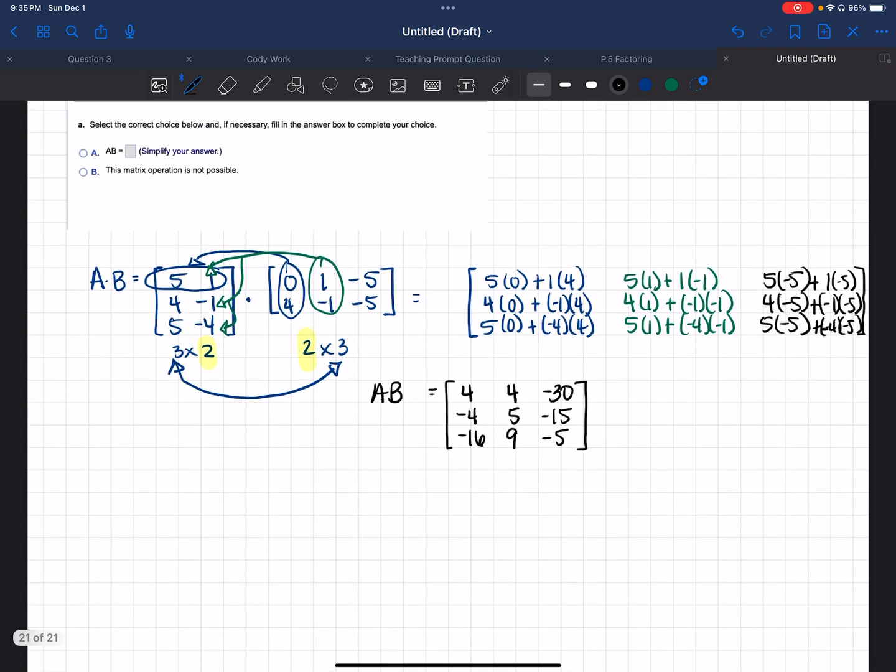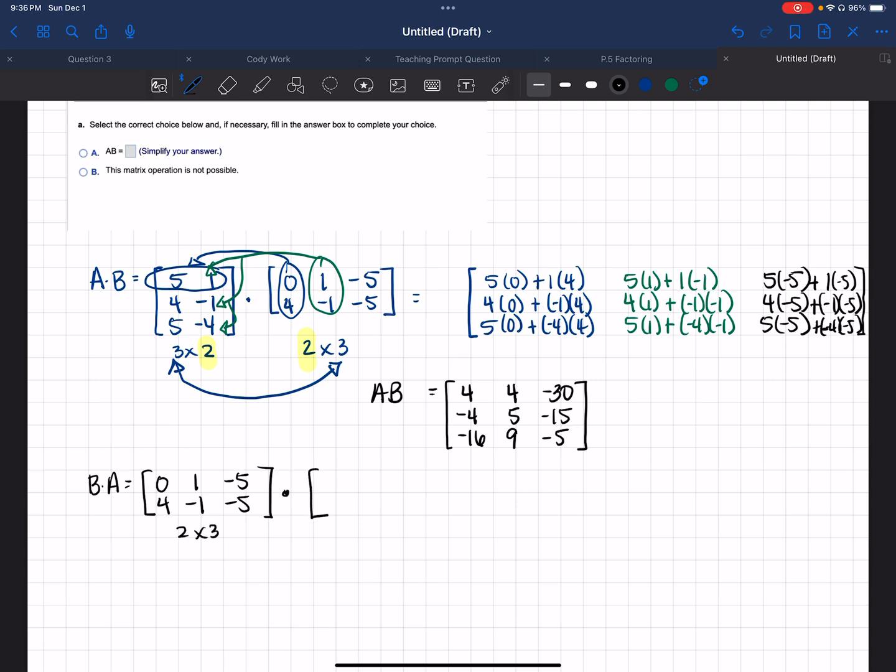Okay, you're going to do the same thing. Probably the next thing they're going to ask is, can you multiply B times A? You'll see that you do not get the same answer. If we look at multiplying it the other way, we have to check again. So we've got 0, 1, negative 5 and 4, negative 1, negative 5, so that's a 2 by 3.